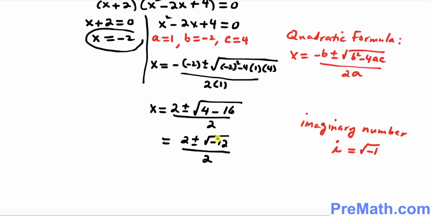Now I want you to just focus on this negative sign inside this square root, this radical. Whenever you have a negative sign, you have to be very careful. So this pretty much becomes an imaginary number i, where i is equal to the square root of negative 1. So I can write this as 2 plus or minus i times the square root of 12 divided by 2.